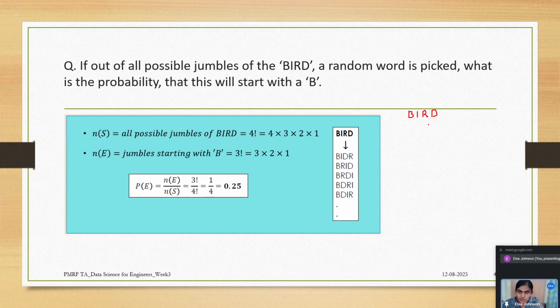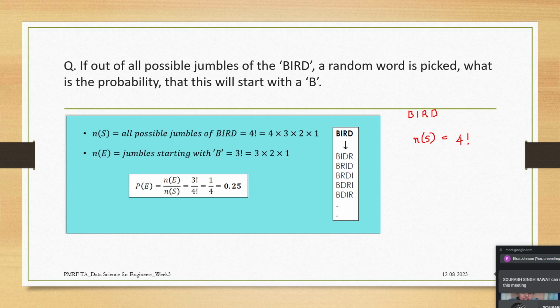We have to find the probability that it will start with B. There are many variations in which you can rearrange this word. So all possible jumbles can be taken as the sample space. The sample space will be 4 factorial, because that many jumbles are possible from the word bird.